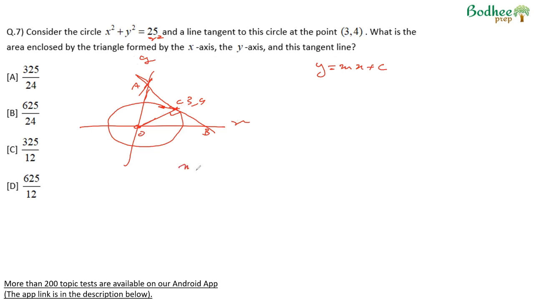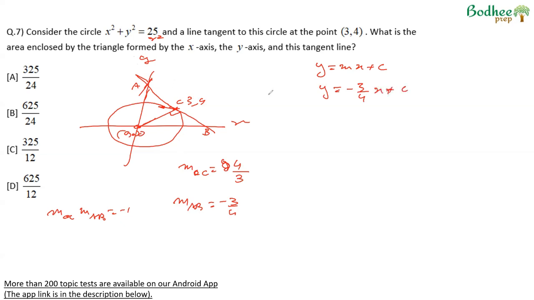Slope of OC will be (y1 minus y2) upon (x1 minus x2), with this being 0, 0, the origin. Therefore, the slope of AB should be minus 3 by 4, because these two lines are perpendicular. For perpendicular lines, the product of slopes should be minus 1. If this is 4 by 3, this is minus 3 by 4. This becomes y is equal to minus 3 by 4 x plus c.